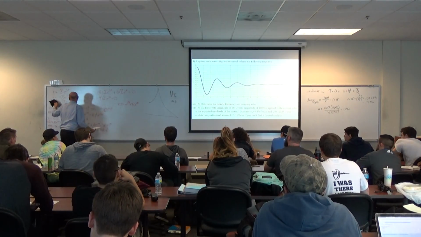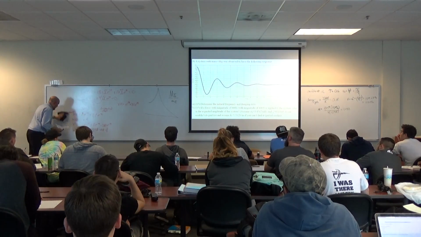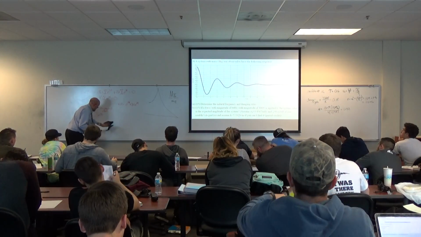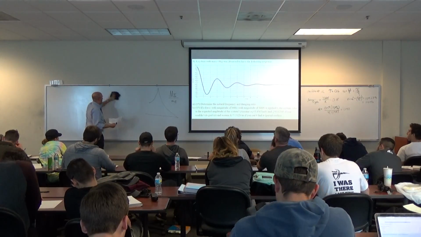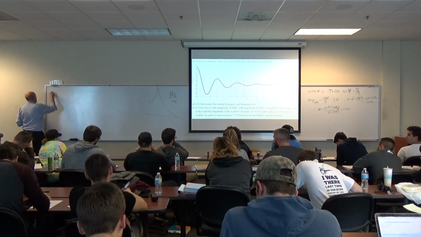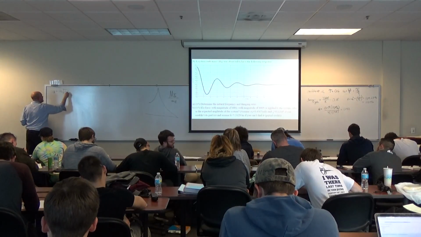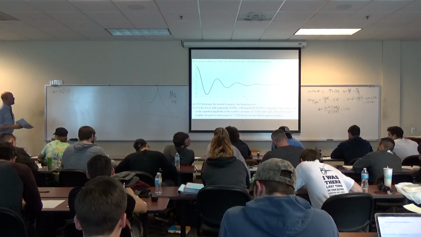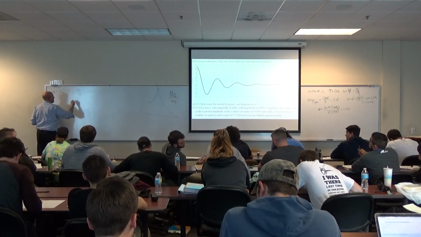With viscous damping, how do we get our equations? How do we identify what's going on? Omega d equals omega n square root of 1 minus zeta squared, and that's 2 pi over tau d.